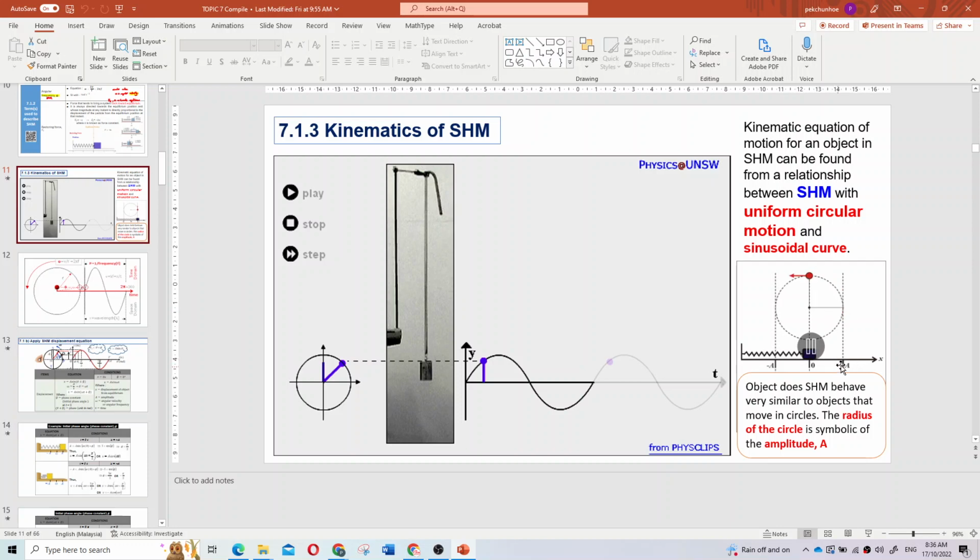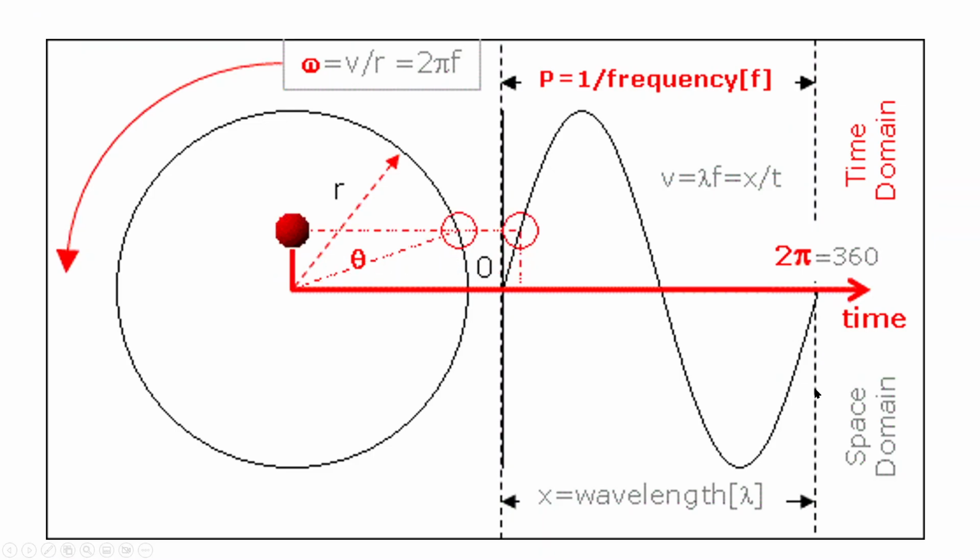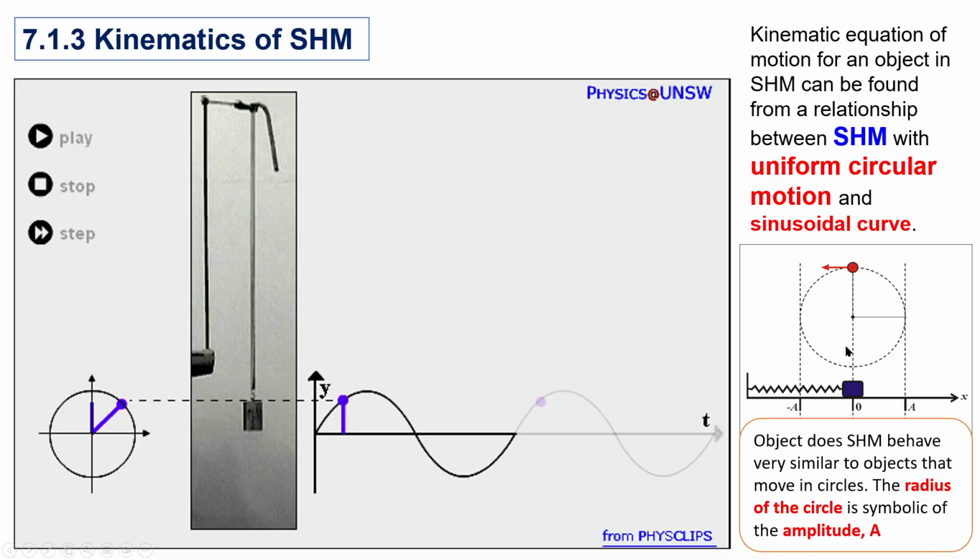I want you to see here the amplitude, right? So this is the amplitude, isn't it? And over here, this line is the radius, correct or not, class? Yes, correct, sir.